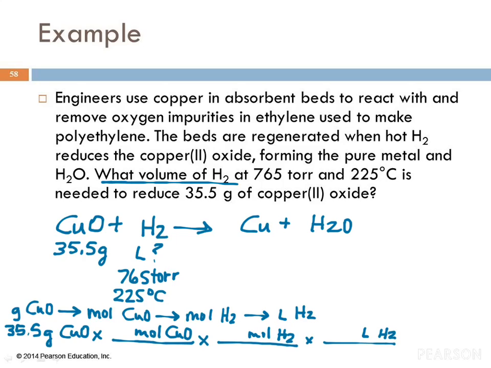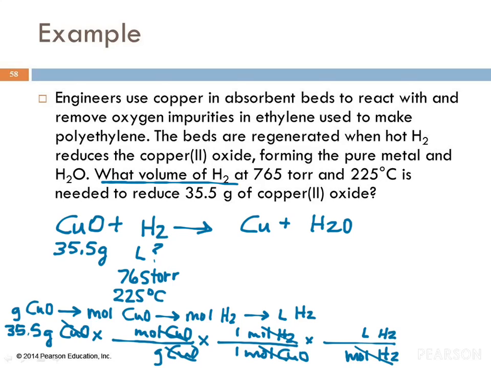We'll put our units in here, moles of CuO and grams CuO, and everything's canceling out so beautifully. Moles to moles is really easy on this one. It's 1 to 1.